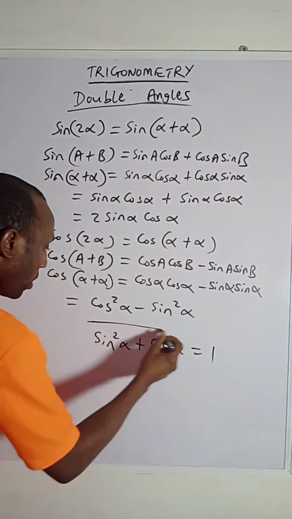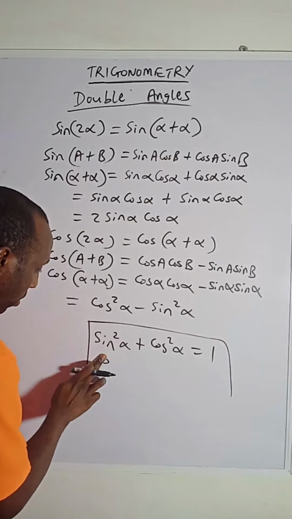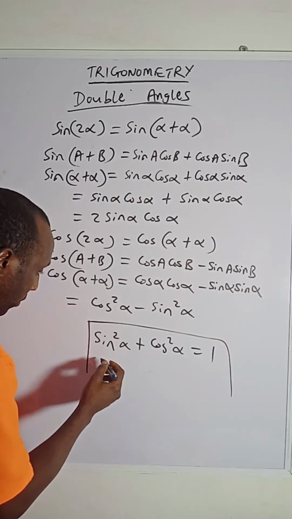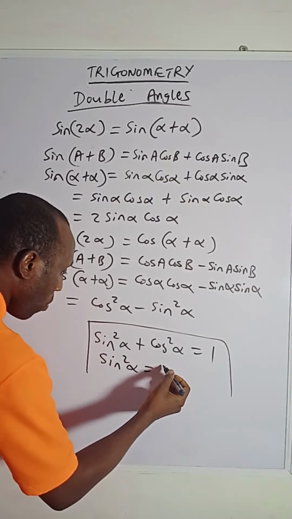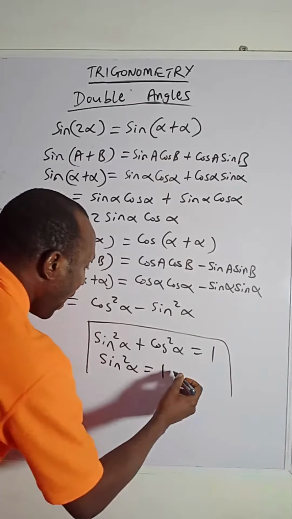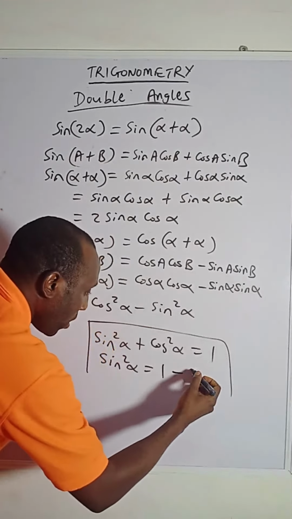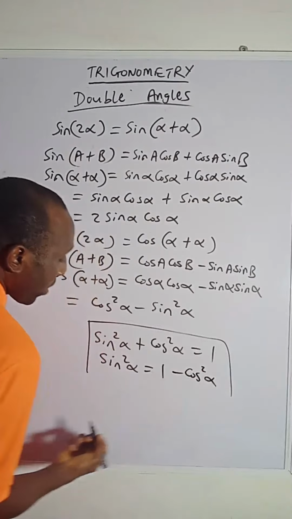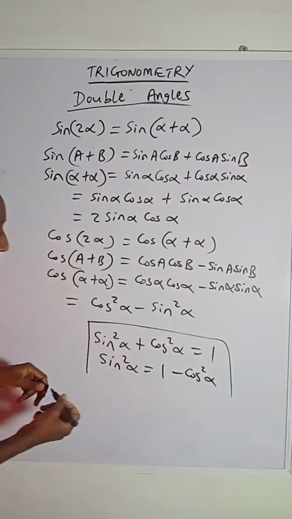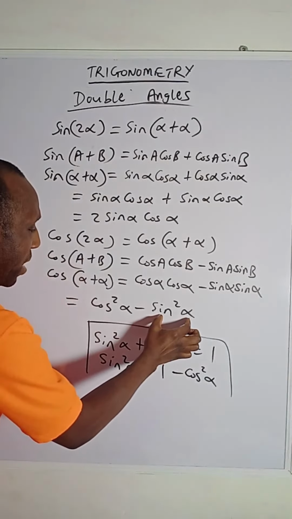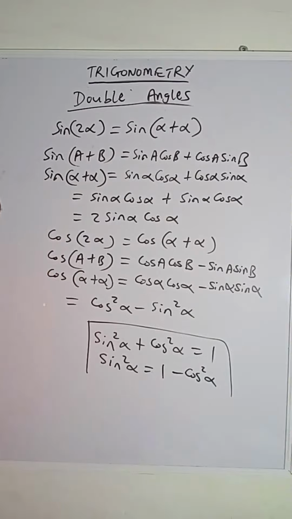So sine squared alpha is equal to 1 minus cos squared alpha. I will come here and replace sine squared alpha with 1 minus cos squared alpha.